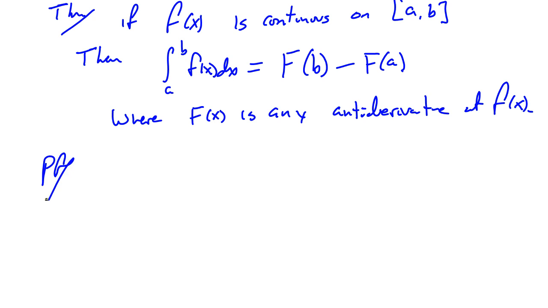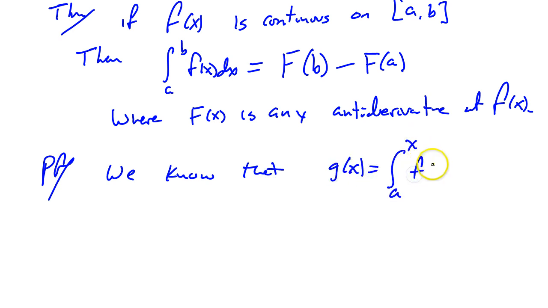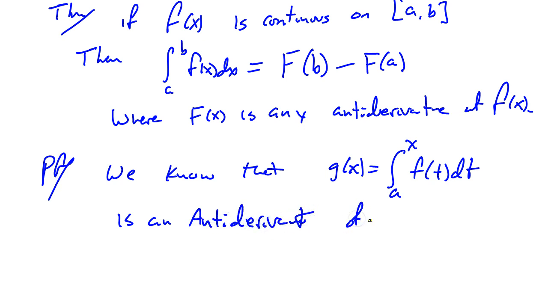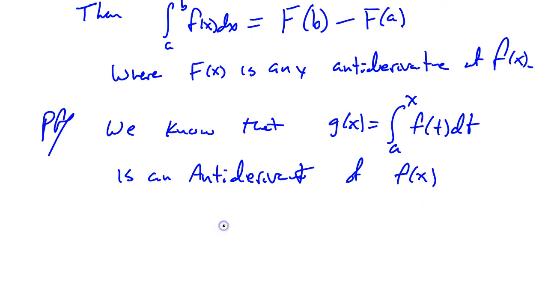That is, we know that g of x equaling the integral from a to x of f of t dt is an antiderivative of little f. So any other antiderivative would just have to be this one plus a constant. Okay?